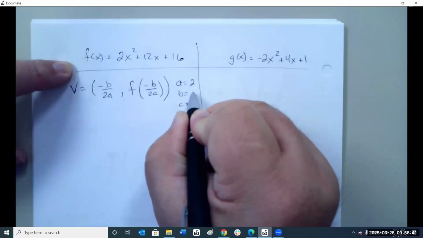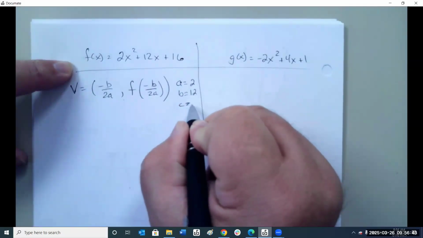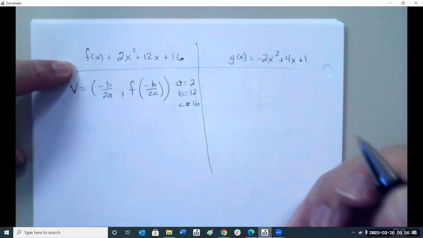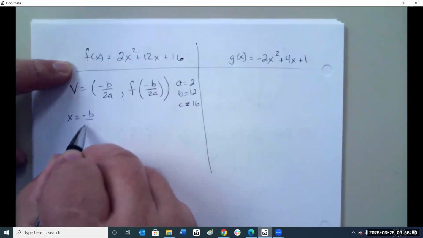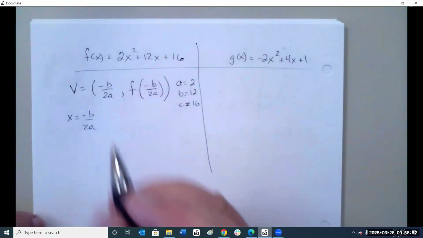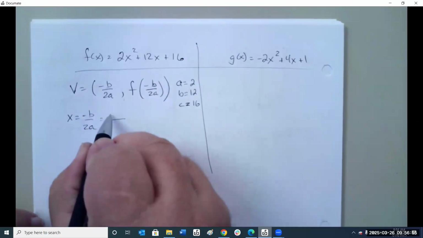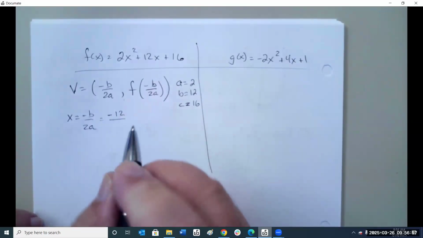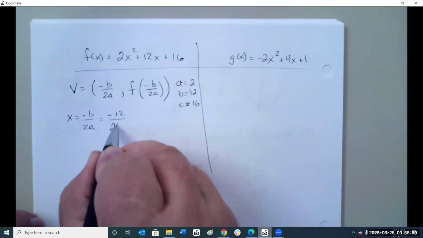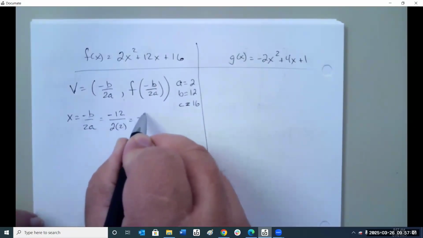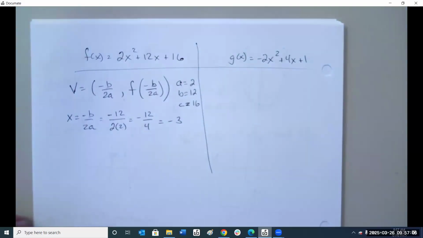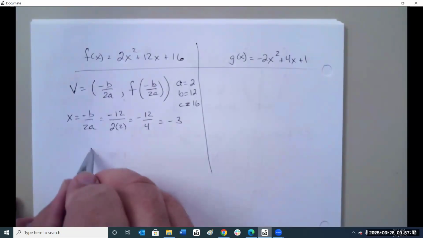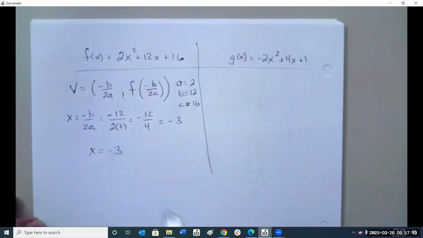Very good. Excellent. So my x value of my vertex is at -b over 2a. So it would be -12 over 2 times 3. So -12 over 6 is equal to -2. Actually, x is equal to -2.